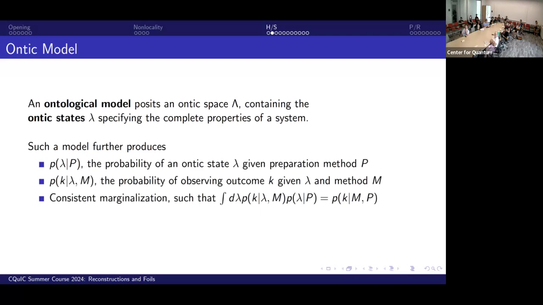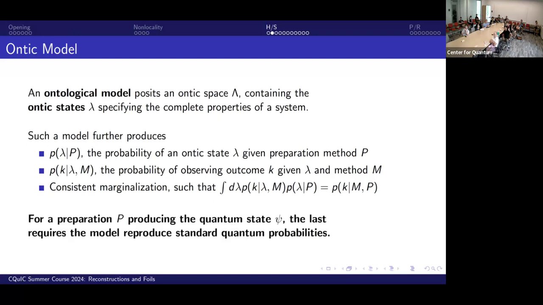They produce certain probabilities: the probability of some object state, given you have some preparation. The probability that you detect some measurement outcome K, given that you have some object state, and given that you're doing some measurement M. You also have this requirement of consistent marginalization, where if you average over the object state lambda here, then you will reproduce the probability of getting measurement outcome K, given that you're doing measurement method M and you've done preparation B, which is all to say that you consider preparation here as producing some normal quantum state.